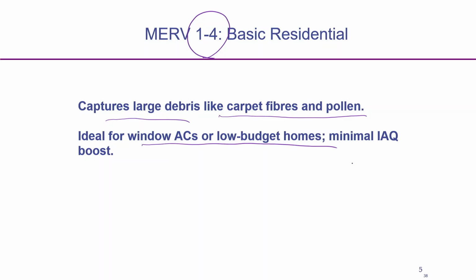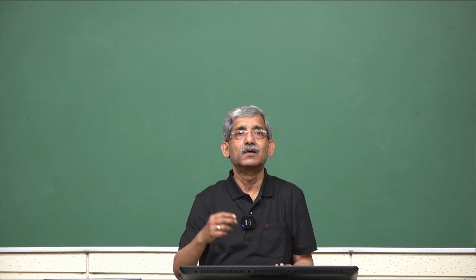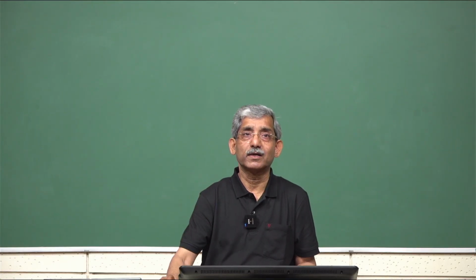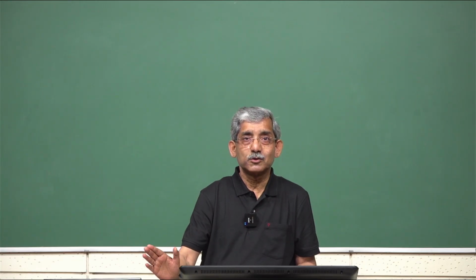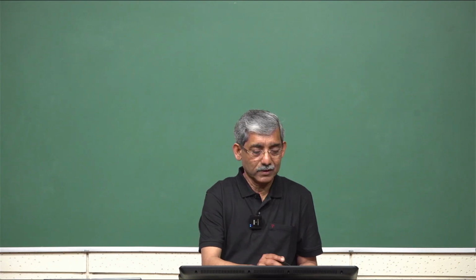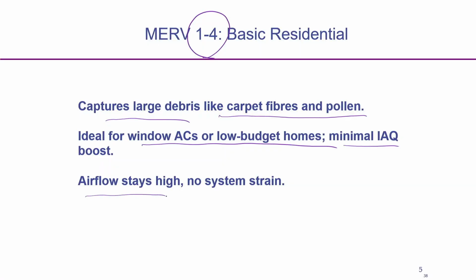Where minimum air quality is needed. Internal air quality will improve to a lower extent, because it is only capturing the large particles, allowing the smaller particles. So, airflow stays high, no system strain.